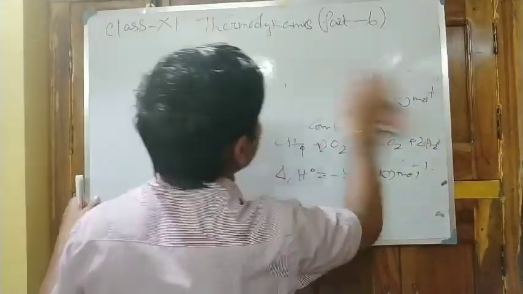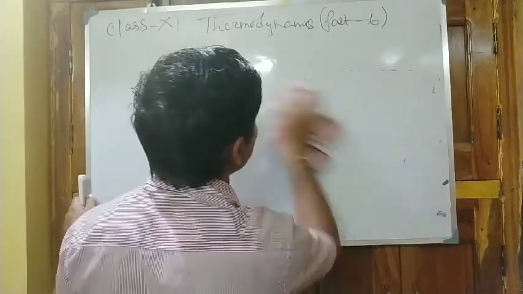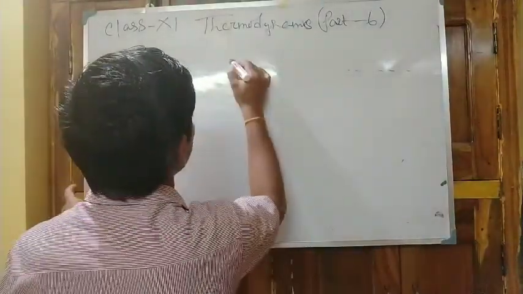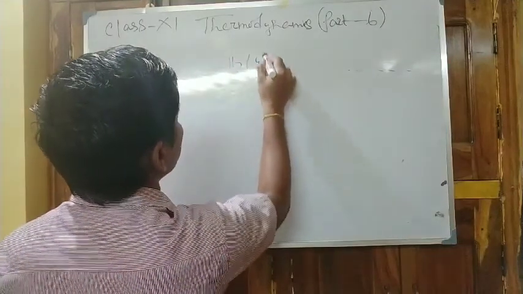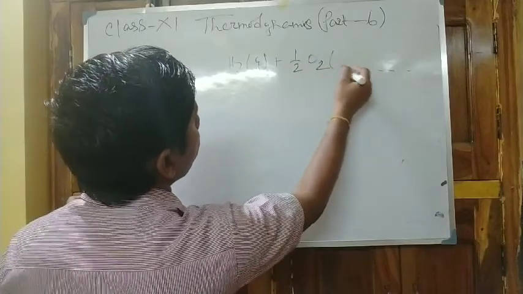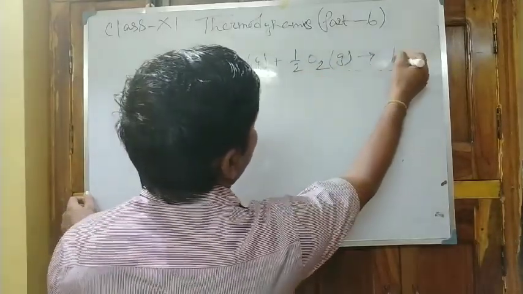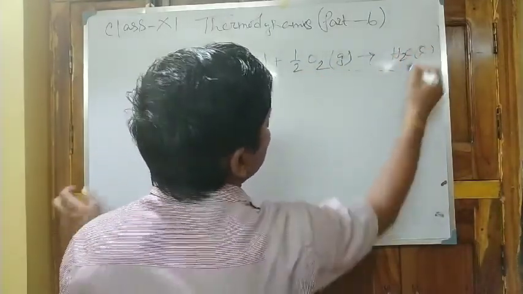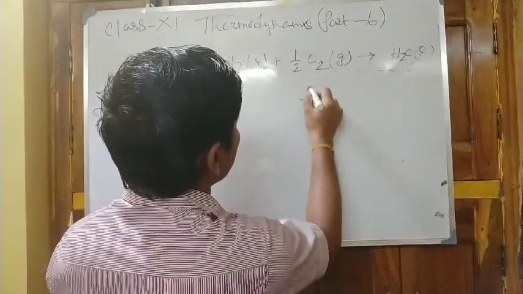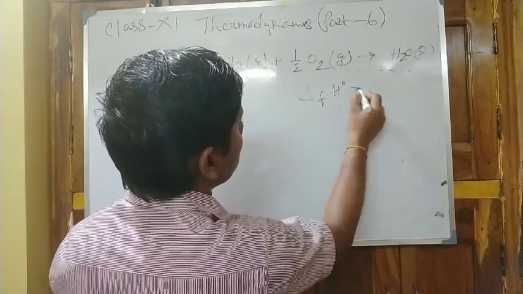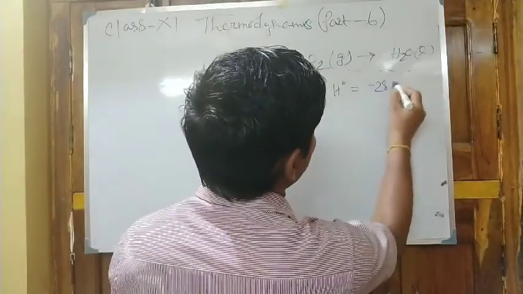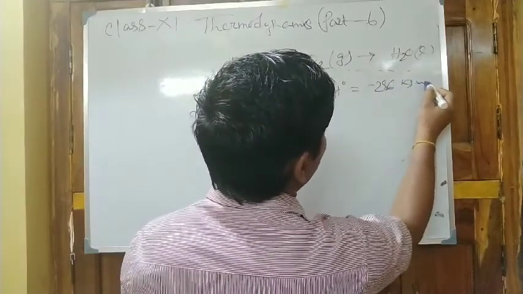thermochemical, the term that is thermal change during any chemical process. For example, H2 gas, so it is the state, plus half of O2, it is also gas, forming H2O, it is liquid. So here the delta heat of formation is equal to minus 286 kilojoule mole inverse.